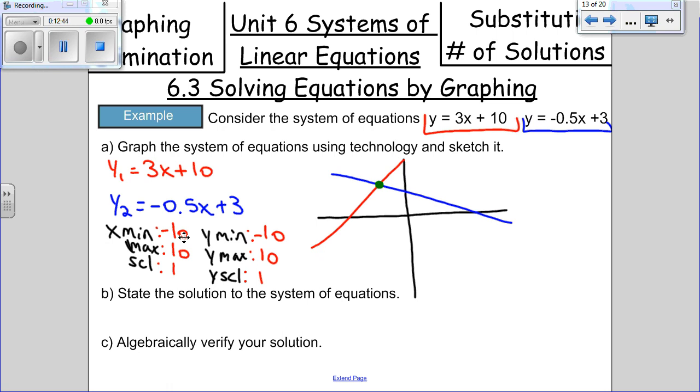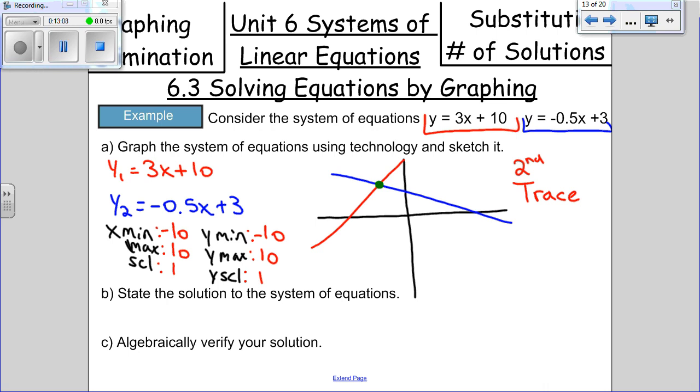To be able to do that, you're going to go second, trace. That'll bring you to a whole menu of things. So you have the second button right here, the trace button beside the graph button. It brings you to a whole option of things, right?